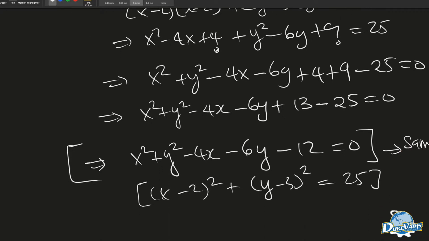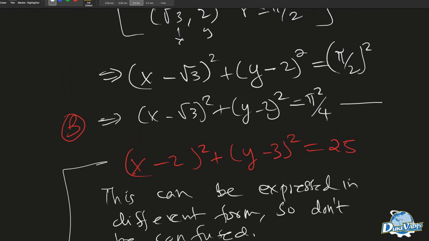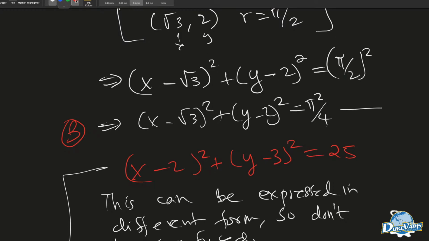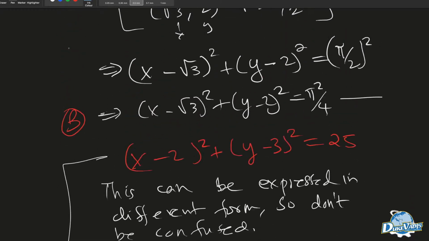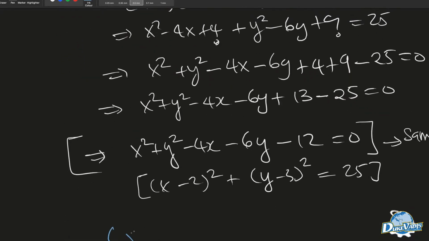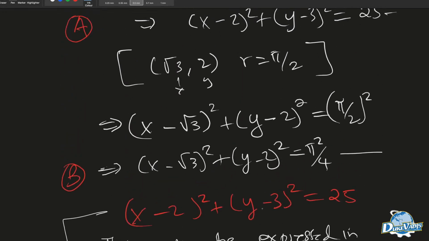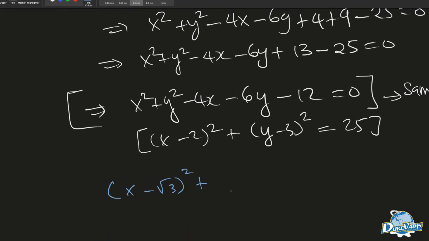In the same way, we can also decide to expand the B part. Let's see how best we can do that as well. Let's take our time to understand this properly. That one is (x minus root 3) squared plus (y minus 2) squared is equal to pi squared over 4.